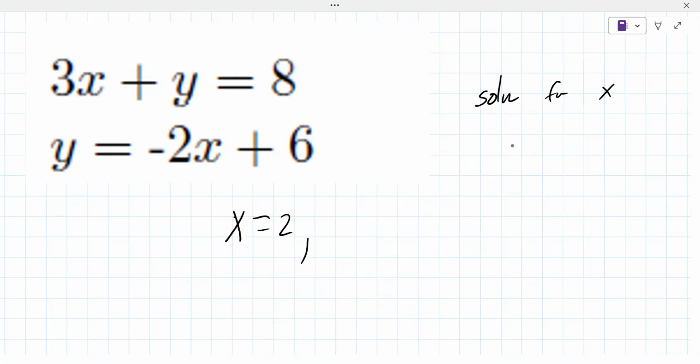Y equals 2. Yes, Y equals 2. That's really good.